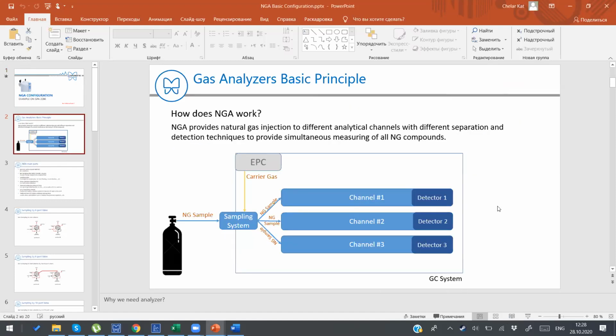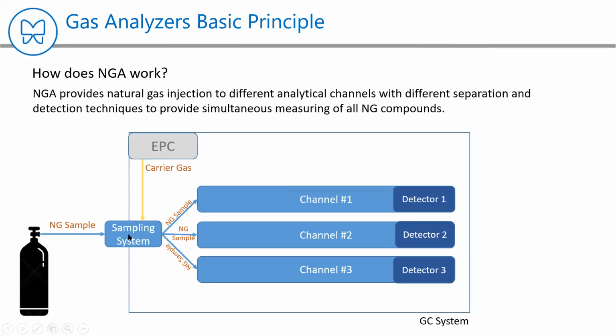So roughly in one picture, we can say that the natural gas analyzer provides simultaneous injection of natural gas sample to different analytical channels. It could be one channel, two channels, maximum we can provide 4 channels.